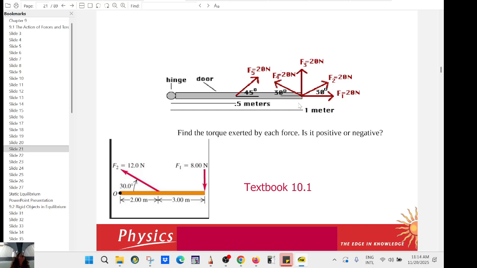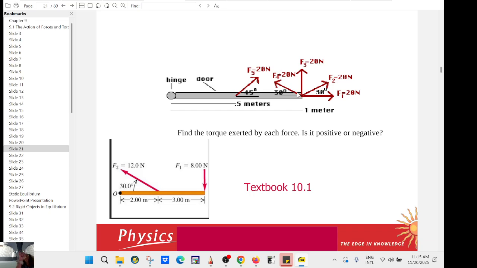You multiply 1 times 20 times sine 30, which is 0.5. So it's going to be 10. Is that right? 10 times 1. So it will be 10 Newton meters. The unit is Newton meters. Agree?